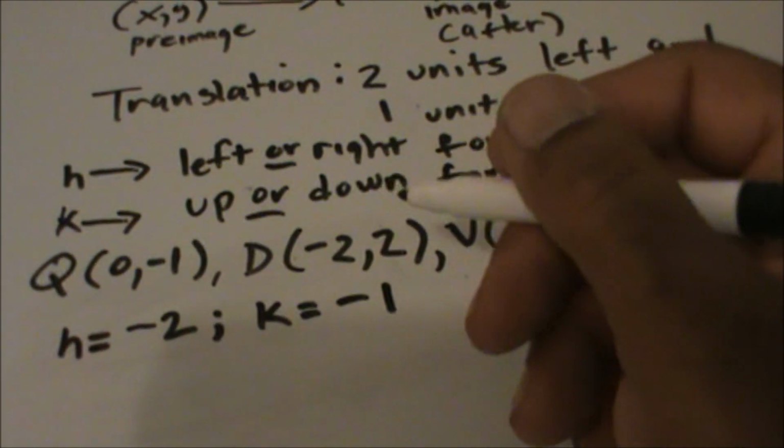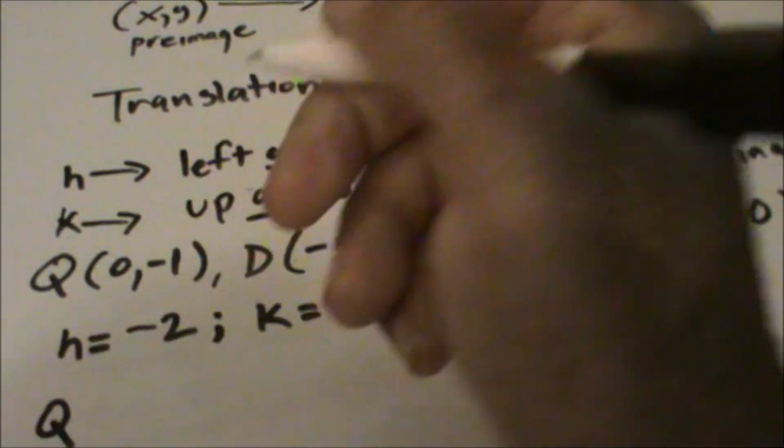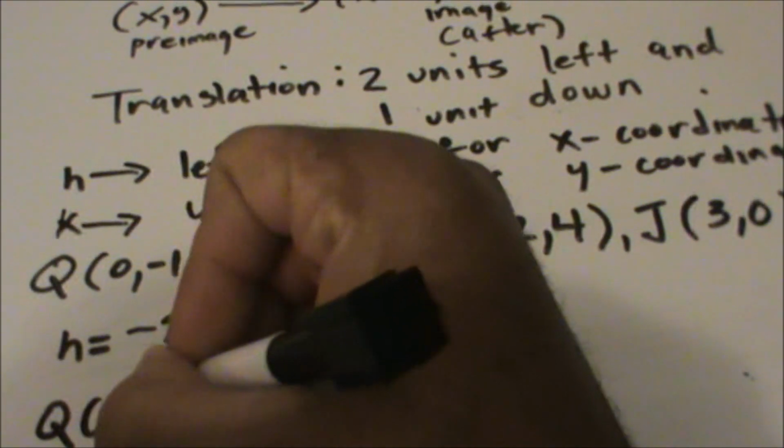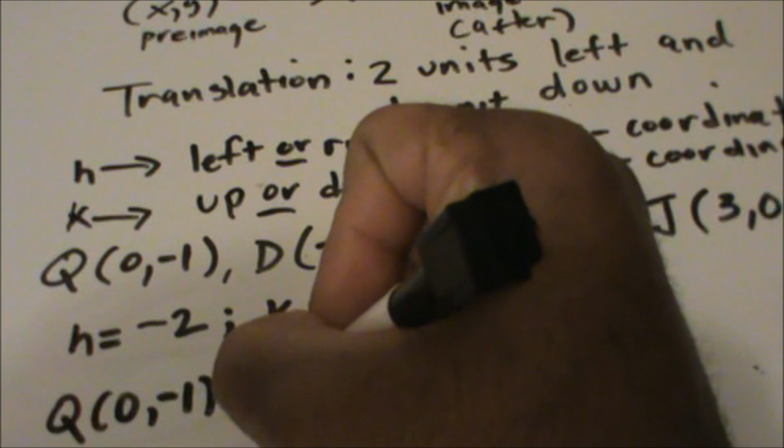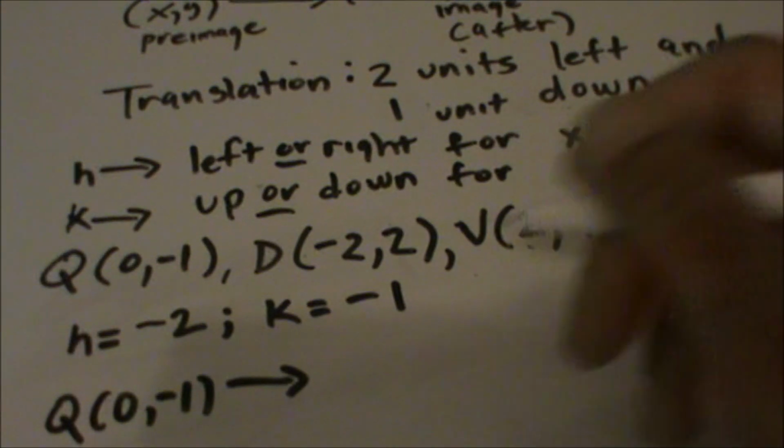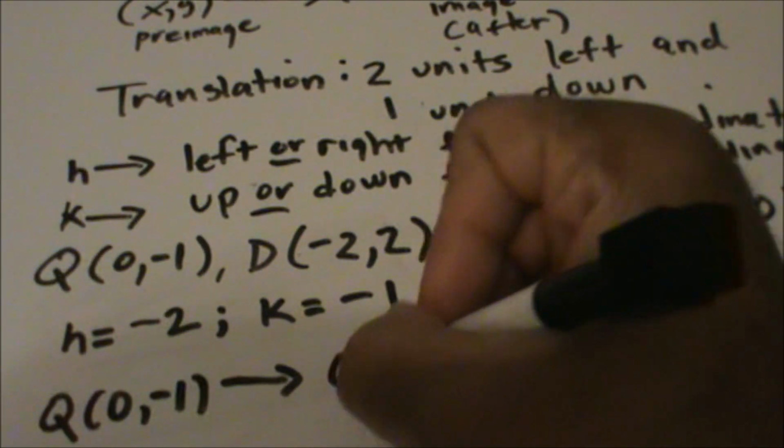And here are your new points. I'm going to do Q (0, -1), the first point. This represents the pre-image, and this will be Q prime.